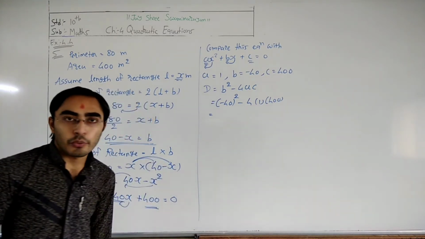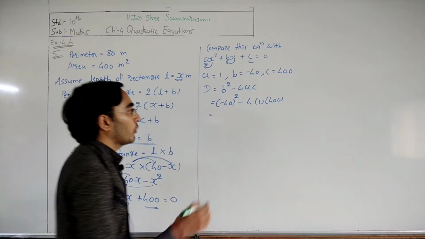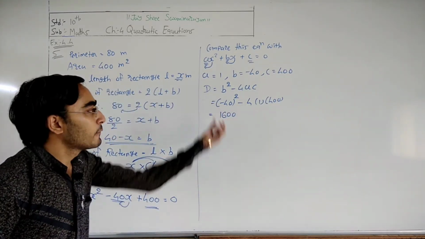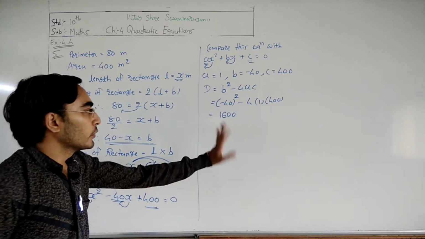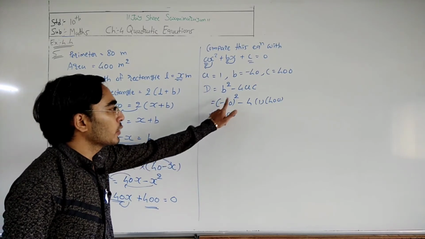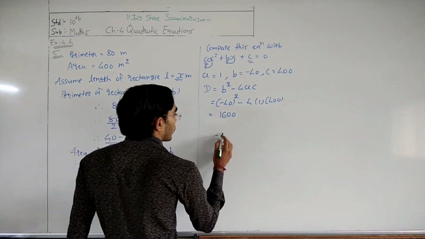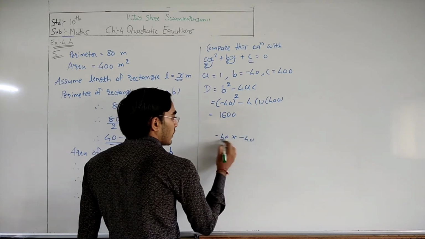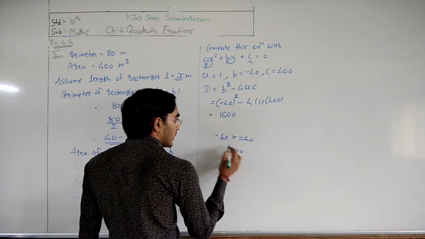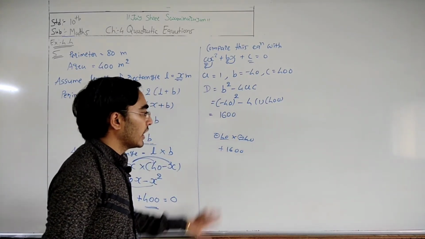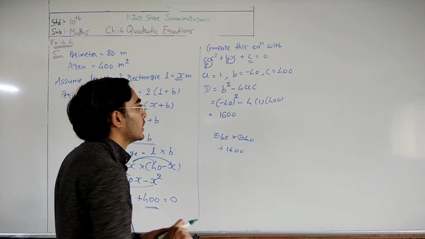Now minus 40 square: 40 square is 1600, and this negative square becomes positive. Why does it become positive? Because minus 40 multiply minus 40, 40 multiply 40 is 1600, and minus into minus is plus. That's why we always get the answer as a positive number.